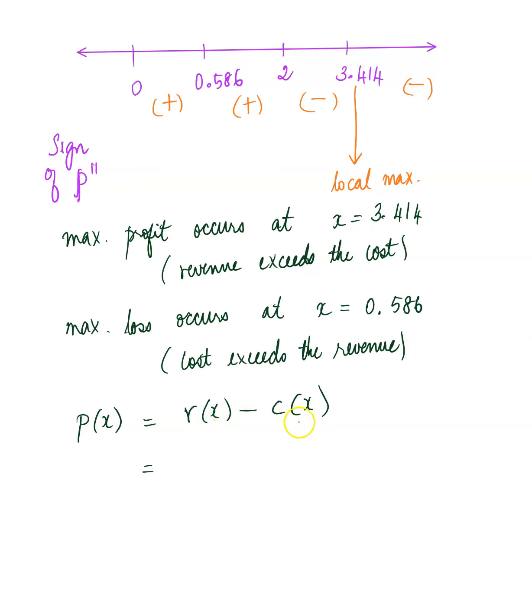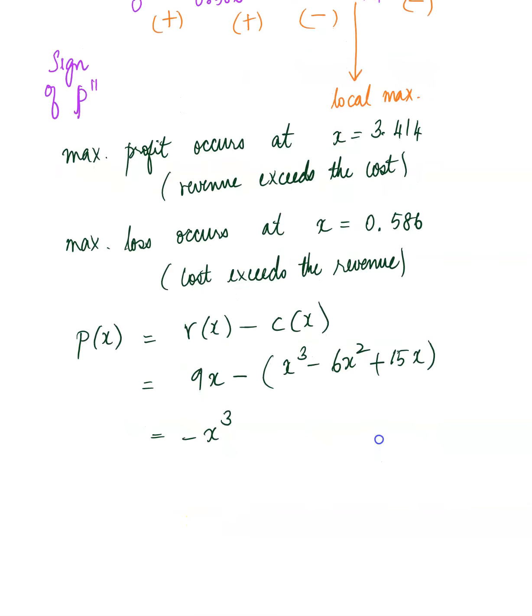R of x is 9x, minus C of x, which was x cubed minus 6x squared plus 15x. Clean up all of that, and put them in order, starting with the highest power. What we get is negative x cubed plus 6x squared minus 6x. This is what we have.